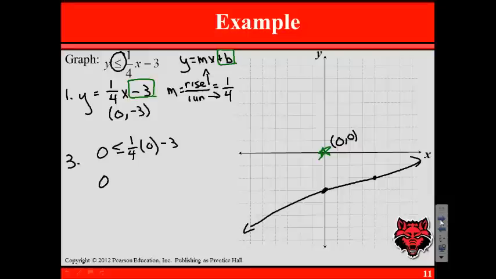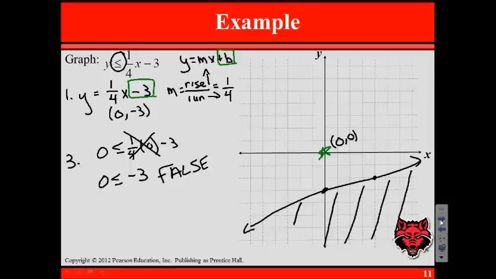So we're left with 0 is less than or equal to 1/4 times 0, which is 0, so that piece cancels. We're left with 0 is less than or equal to -3, and that is a false statement. Because that is a false statement, we want to shade the region that does not contain the test point. So we will shade below the line in this case.